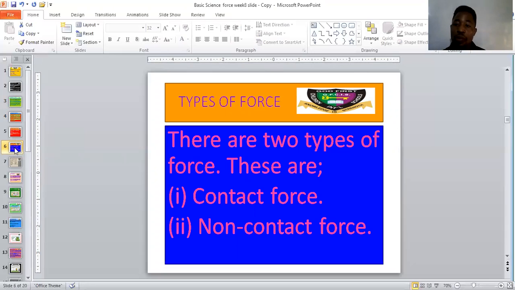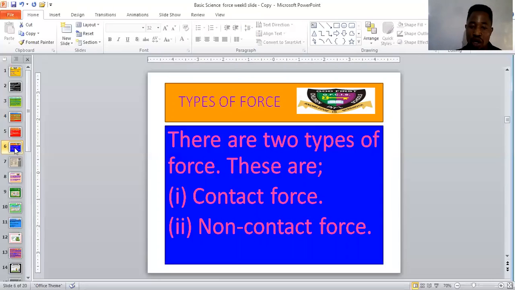In order for you to kick a ball, you need to go close to the ball and your leg touching the ball to kick it. That is also contact force. There's another one called frictional force. Frictional force or force of friction is the force that opposes motion between two surfaces in contact.